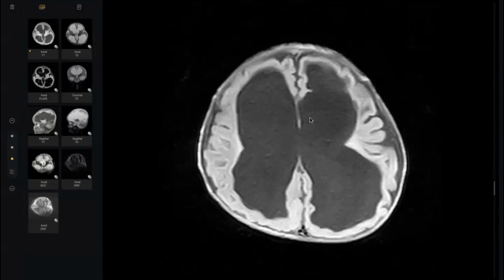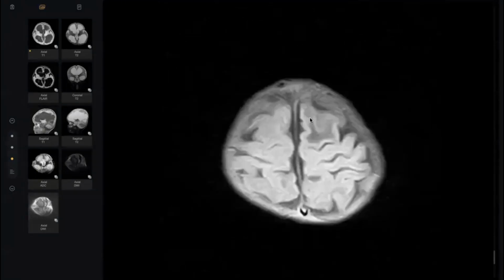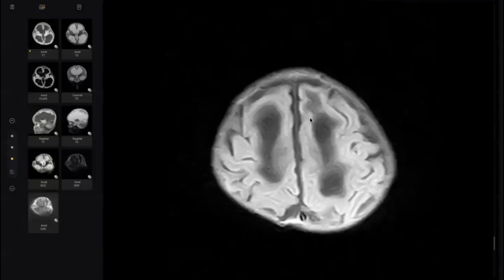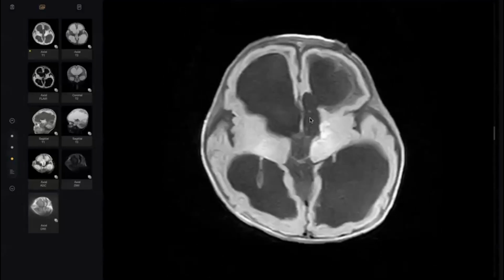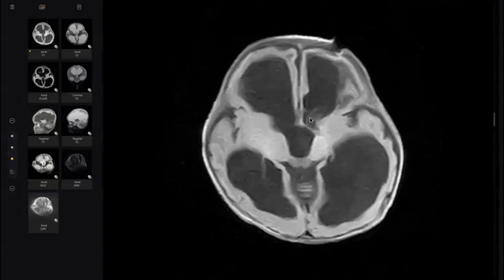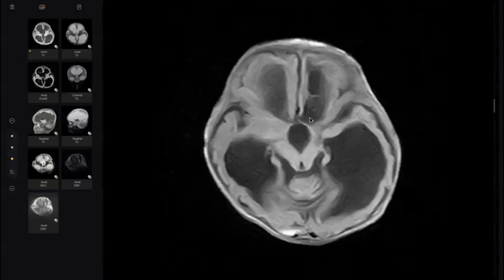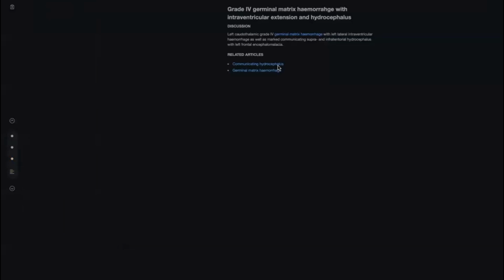Between them, there are type 2 and type 3. Type 2 is paraventricular. Type 3 is intraventricular without hydrocephalus. Type 4 is with hydrocephalus: intraventricular hemorrhage with hydrocephalus.